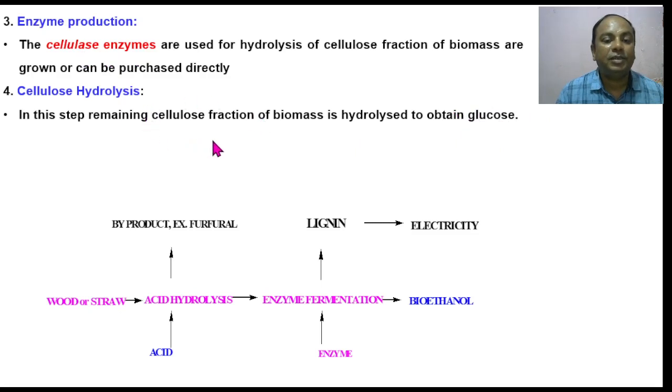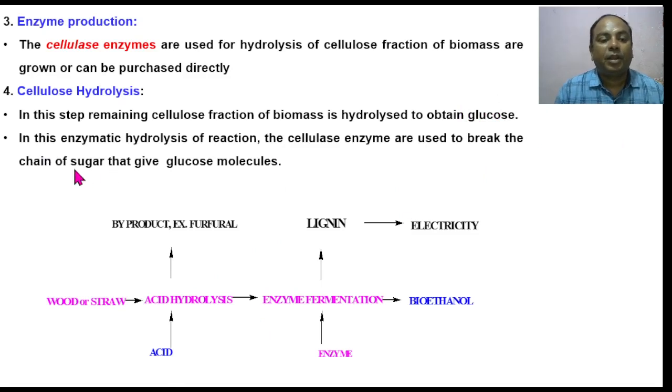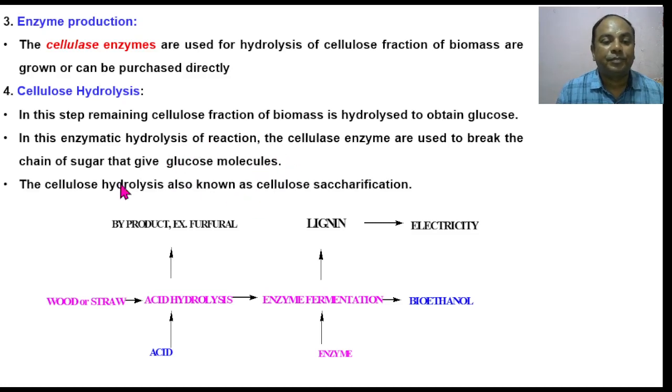Since cellulose is a polysaccharide made from 6 carbon sugar, that single unit is called a monosaccharide, and it is glucose. So this cellulase enzyme breaks down the polysaccharide into the simplest glucose molecule, the sugar molecule.